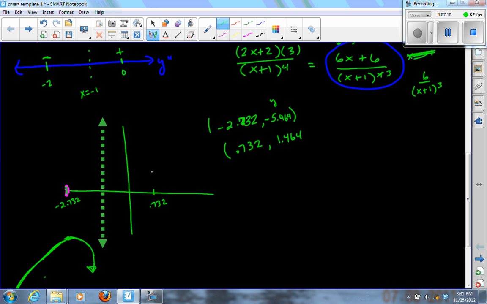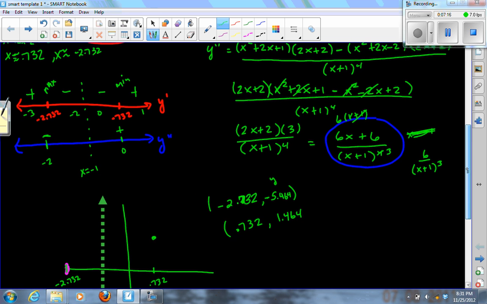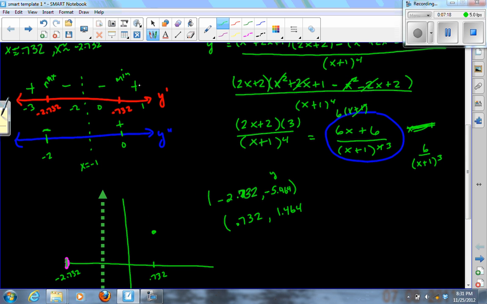So that is going to be roughly up here somewhere. And this graph, looking at my number lines, this graph goes down, then goes up. From the asymptote, I'm going to go down and then go up. And this is an asymptote, so this gets really steep real quick. My concavity is positive. That's verified by this number line and the picture.